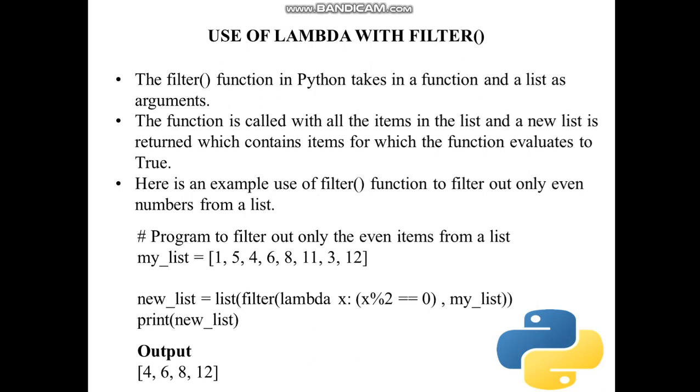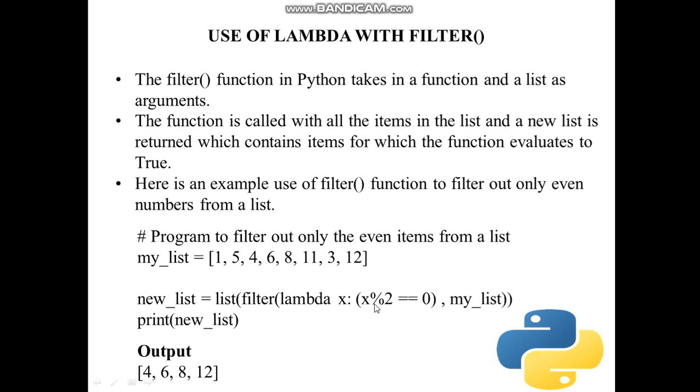So filter function we can apply on a list. Here I am giving my list, passing some arguments inside my list. Then I am writing new list, my variable, equals list, and I am using filter function, and then I'm calling lambda, my anonymous function, x colon.